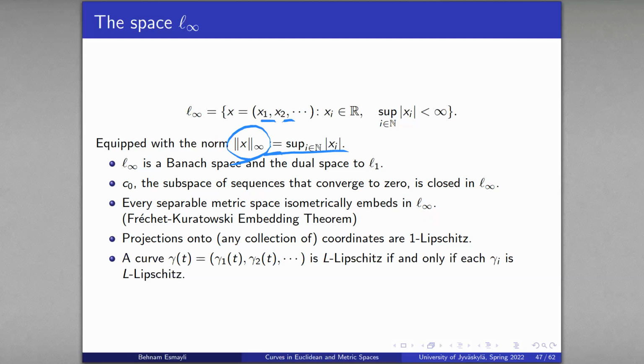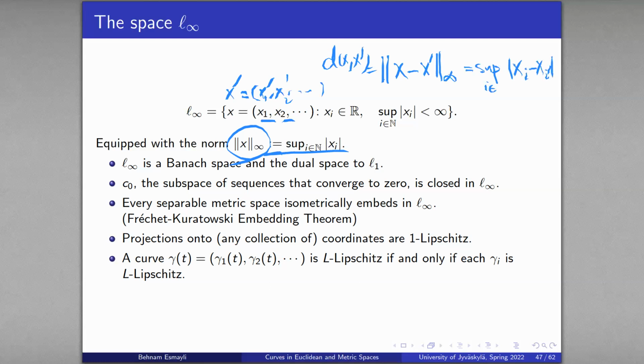It's not like the distance of x to another one, x prime with coordinates x1 prime, x2 prime, and so on, the norm of x minus x prime, which is just the distance of x from x prime, is the biggest difference in some coordinate. And if you find one coordinate which has the largest gap, you don't add that up to other coordinates. So you only pick one of them.